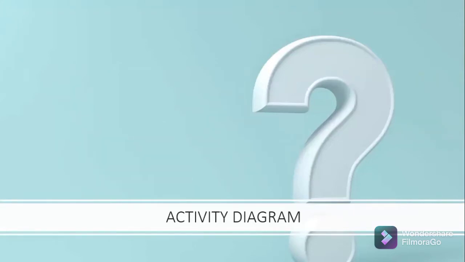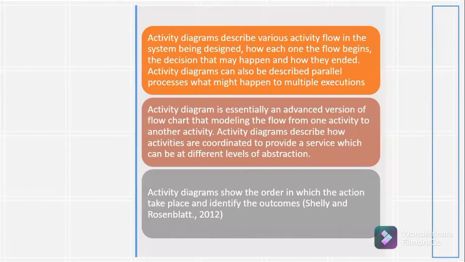Activity diagram. Activity diagrams describe various activity flows in the system being designed, how each flow begins, the decisions that may happen, and how they end. Activity diagrams can also describe parallel processes, what might happen with multiple executions.